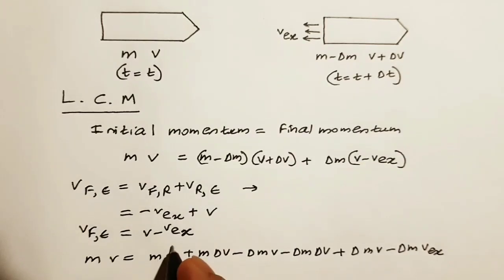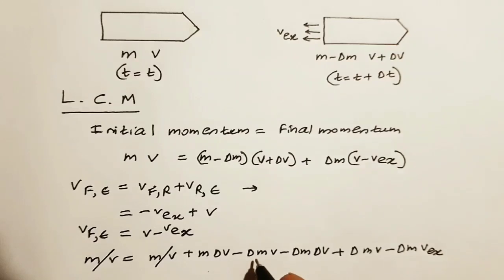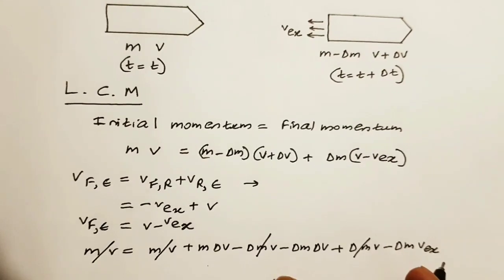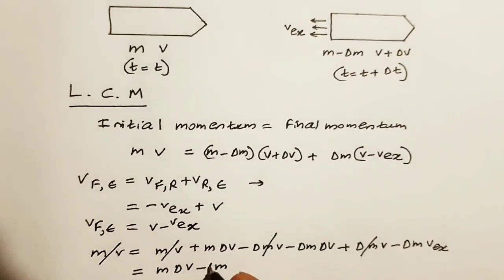When we cancel the mv terms and also the delta m times v terms, we obtain that m times delta v minus delta m times delta v minus delta m times v exhaust is equal to 0.